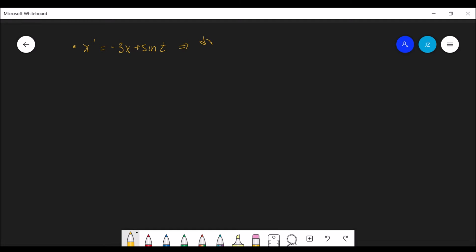We'll rewrite this as dx dt plus 3x is equal to sine of t. Well, this is clearly linear. We have p of t is equal to 3, and f of t is equal to sine of t.